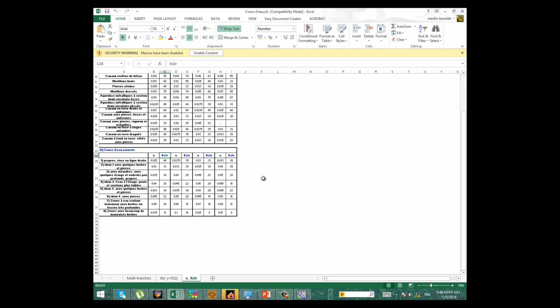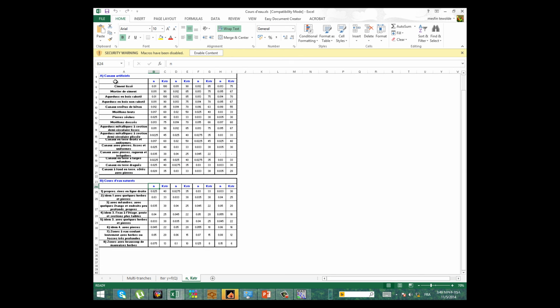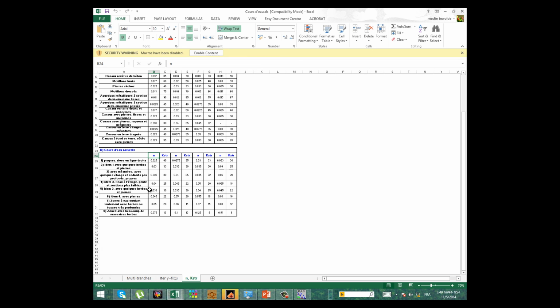So 1 over K gives you an n value. We can take directly K or n also, so it's possible to take both. This one is for natural water, and this one is for artificial canals. So this is how we chose it.